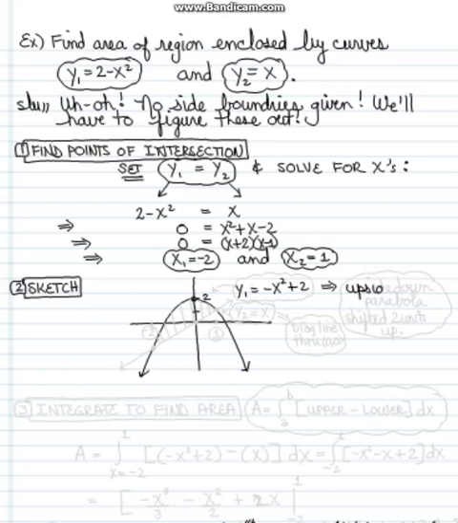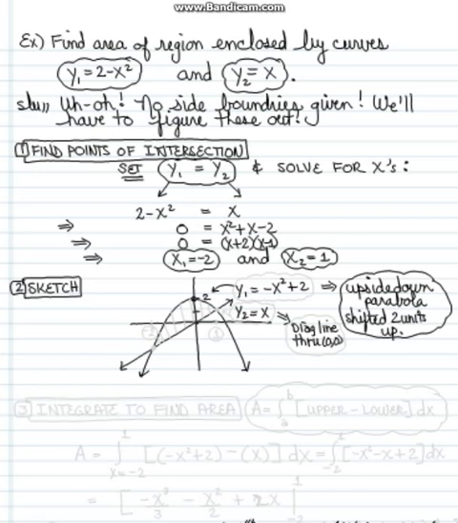That's an upside down parabola shifted 2 units up, graph variations that we learned in previous courses. The other graph, y sub 2, is a diagonal line that passes through 0, 0, with the ordered pairs 1, 1, 2, 2, 3, 3, etc.